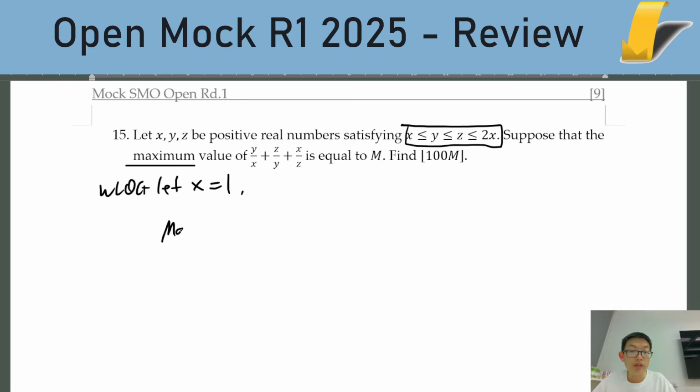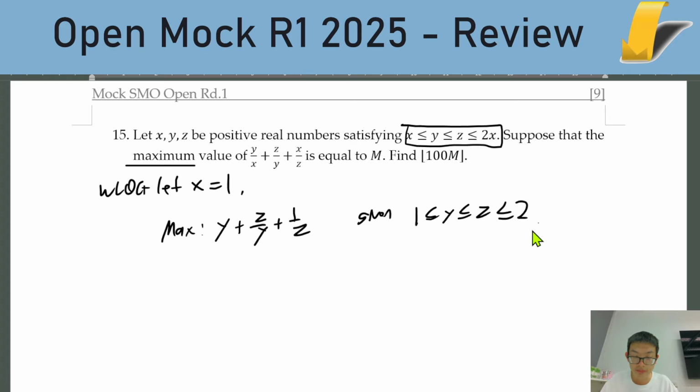And so I want to now maximize this, given that y and z are between 1 and 2 in this order. And so here's the smoothing type argument that we use, but I'm not going to write out details again.